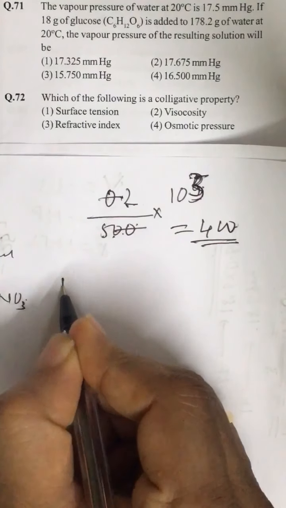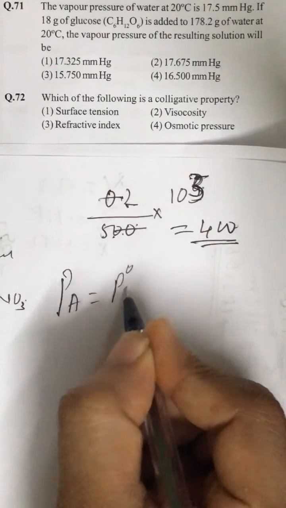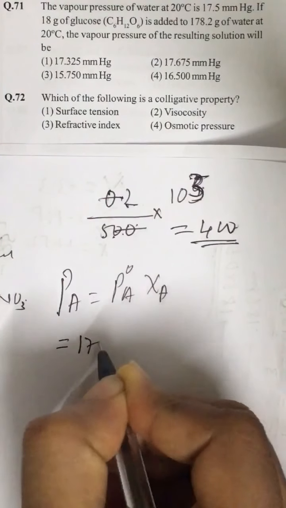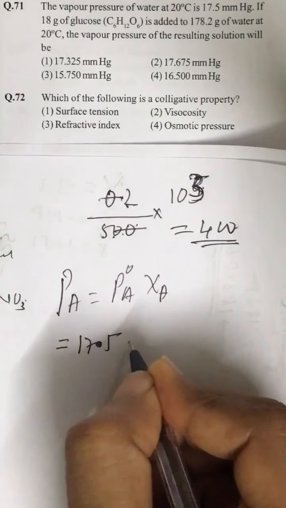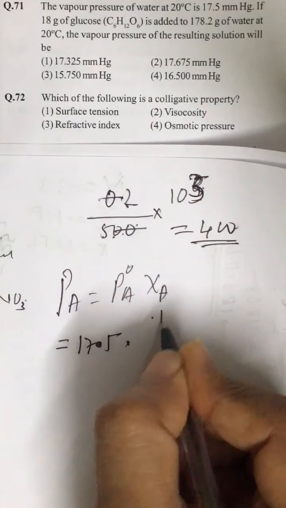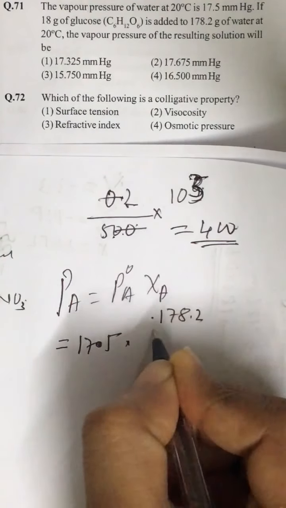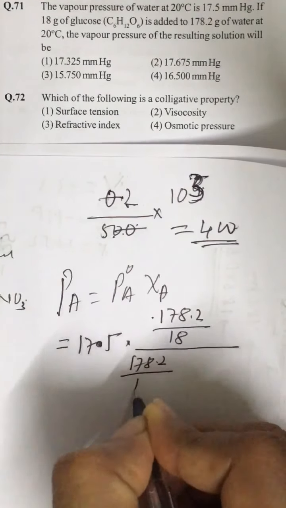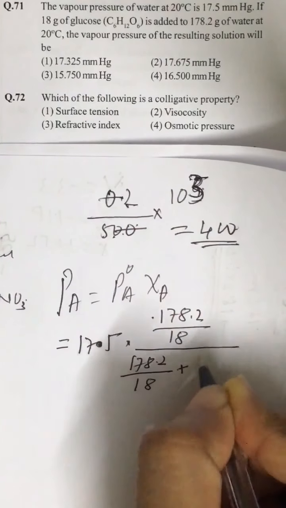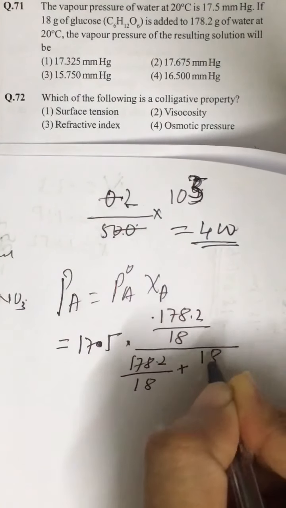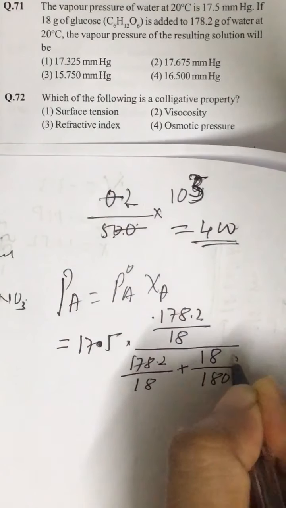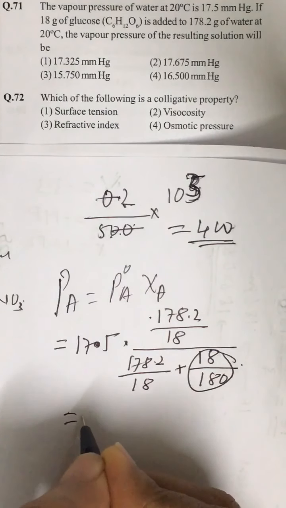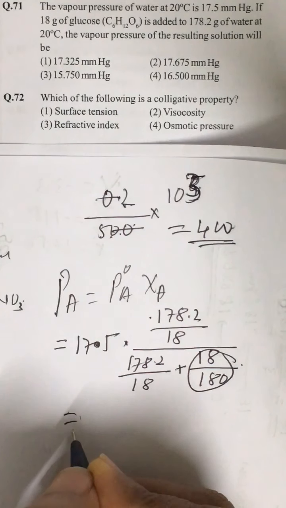The vapor pressure of a solution P_A is equal to P0_A times x_A. The P0_A value is given as 17.5. x_A is the mole fraction of solvent, so it is the mass of solvent 178.2 divided by the molar mass of solvent, divided by 178.2 divided by 18 plus the mass of glucose divided by the molar mass of glucose. If you solve this, you get around 17.325.